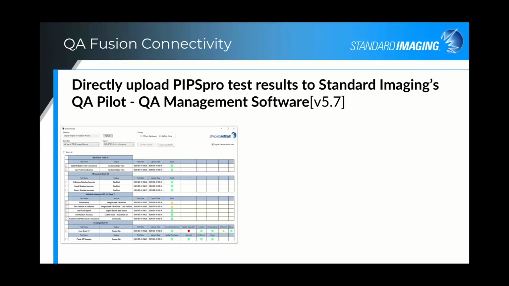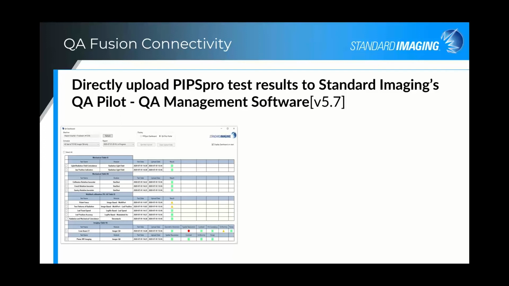We're vendor neutral with our QA Pilot, so you can utilize any number of different test tools out there from any of the manufacturers. We prefer you to use Standard Imaging's, but we know that's not always the case. It should be, but anyway.